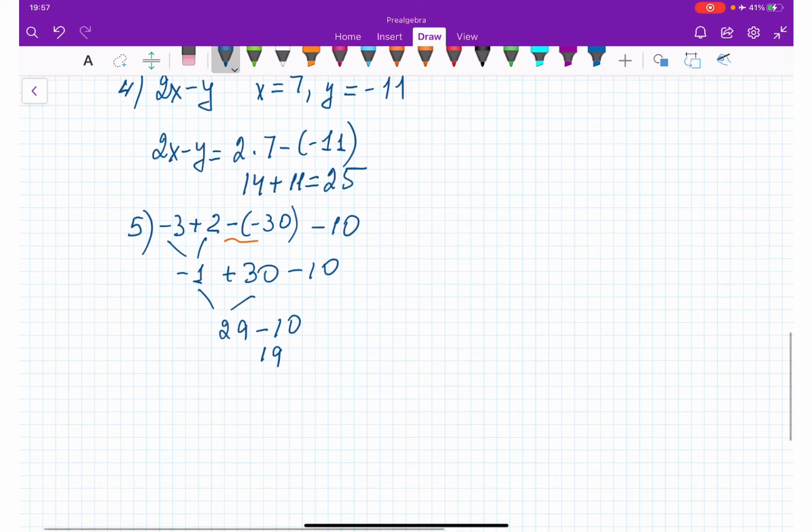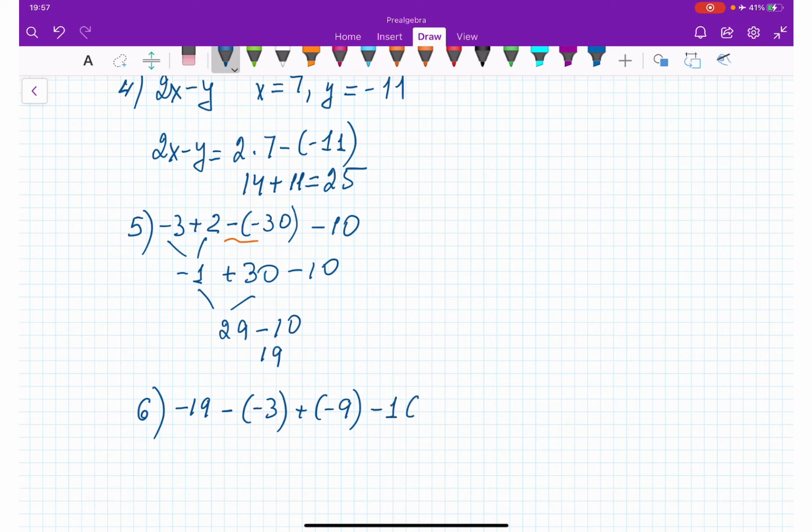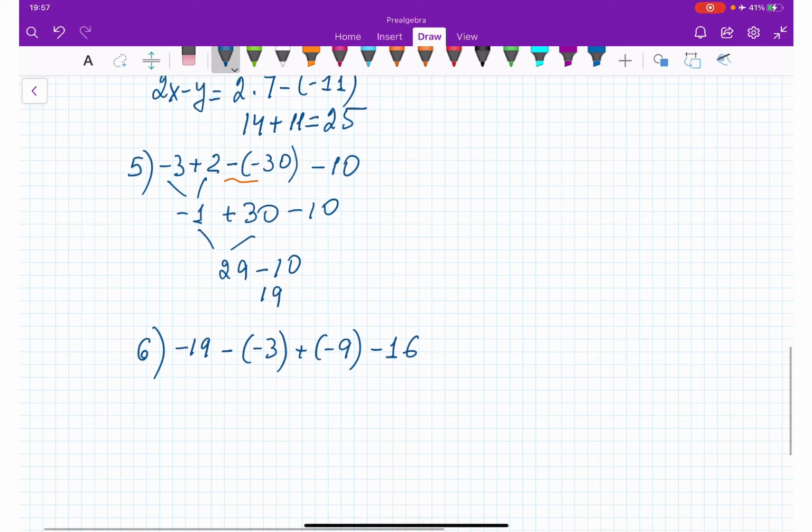Number 6. Negative 19 minus negative 3 plus negative 9 minus 16. Okay, so what do we get? Negative 19, it's going to be plus 3 minus 9, right?